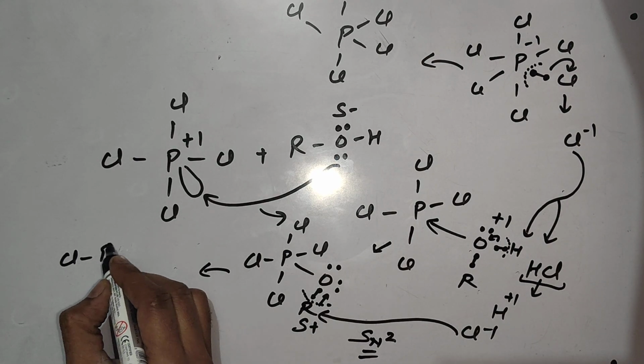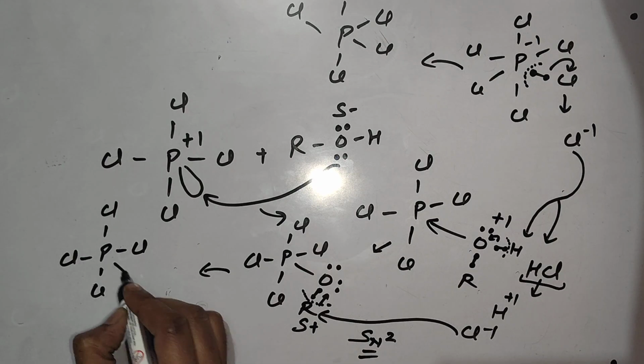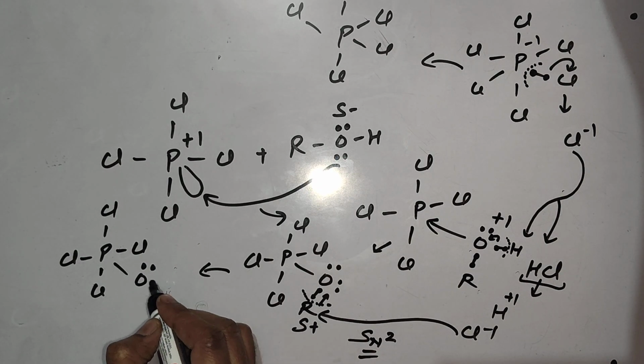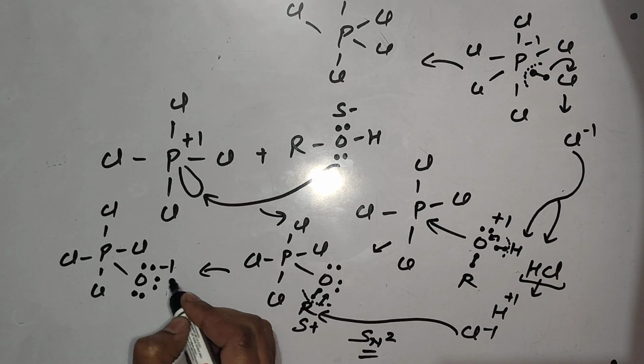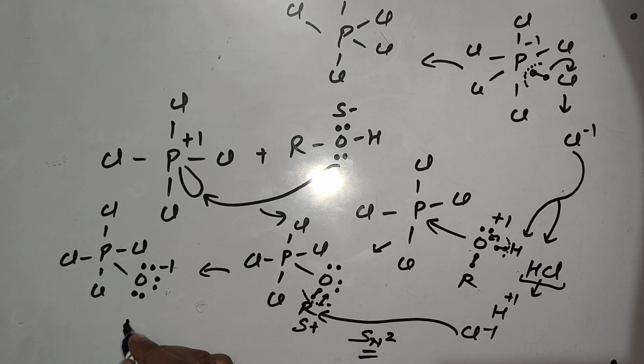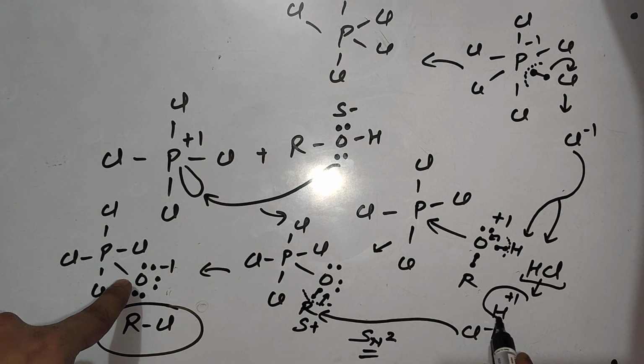and this molecule will become oxygen with 3 lone pairs over there, negative, and RCl will release out, which we want, our main product, chloroalkanes. Now what about O negative? H positive is there.